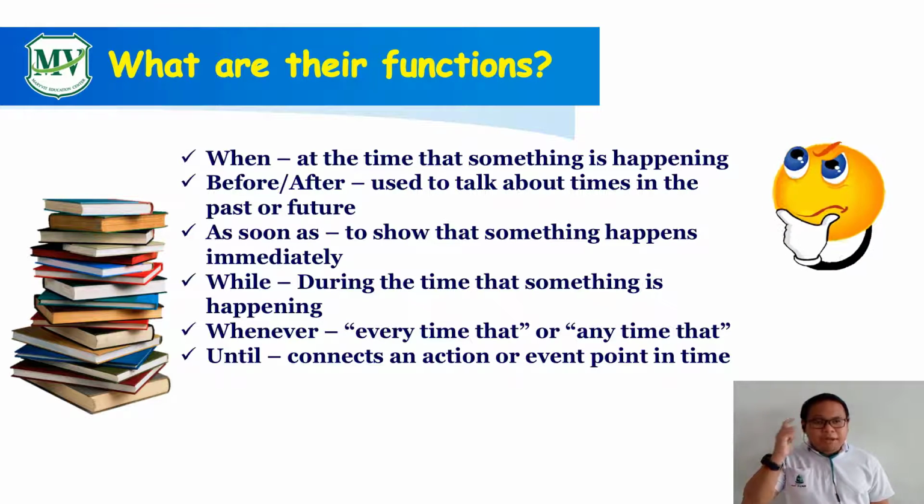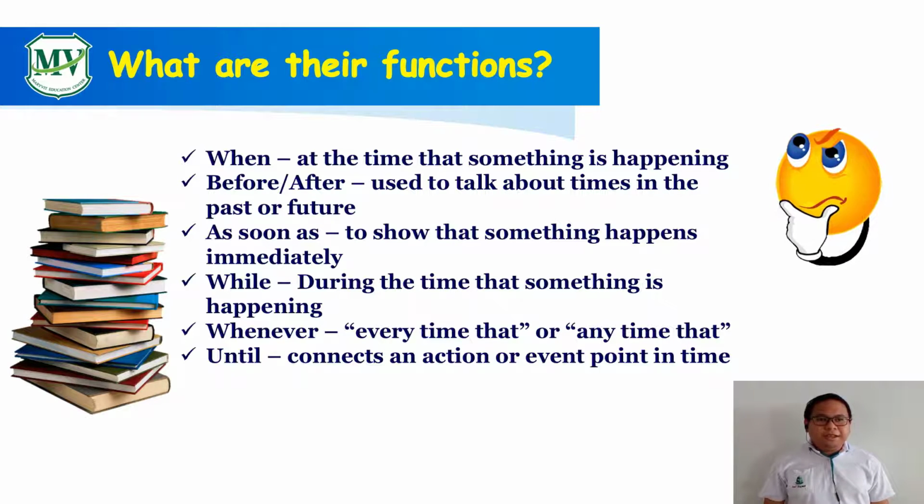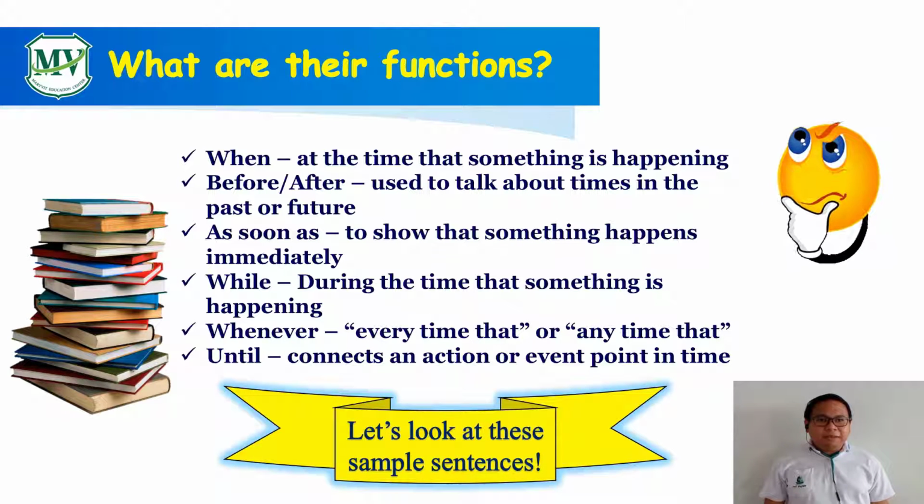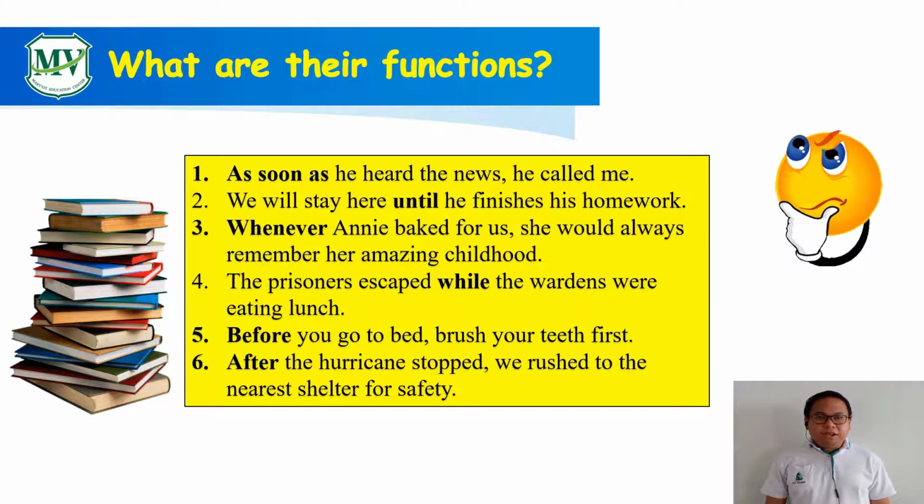Please do keep in mind their functions, as they will serve as your guide to avoid any confusion while using them. You are welcome to pause this clip to take note of them. But let's continue as planned. Let's try to analyze these sample sentences. Notice that on each sentence, conjunctions can be used in any place.